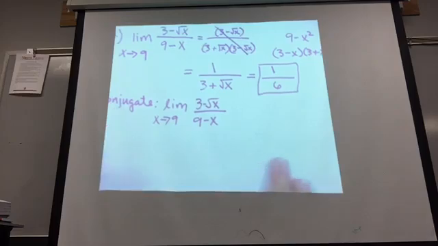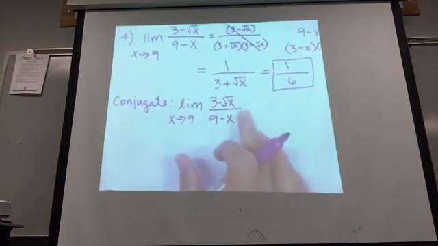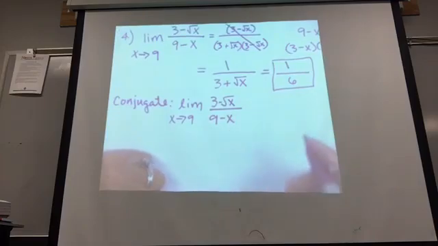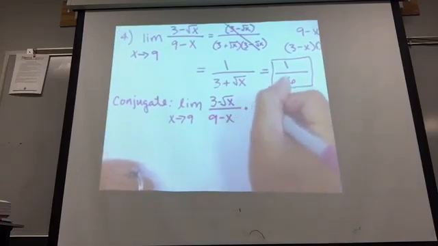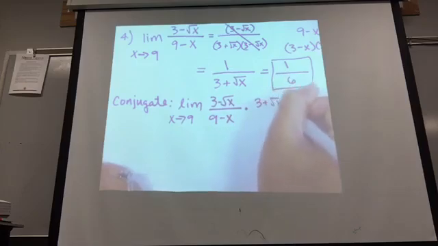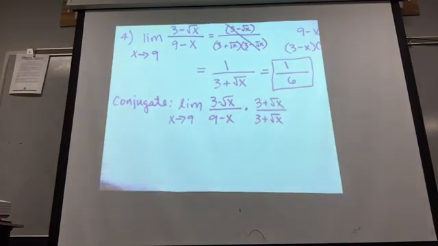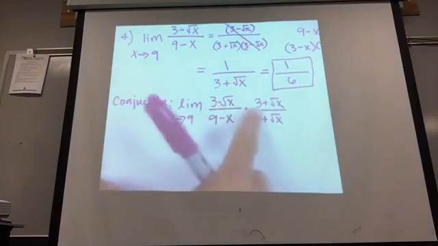And the conjugate would be multiplying top and bottom by 3 plus the square root of x. So again, the conjugate is the method you want to use with the expression that has the radical in it, and you just take that expression and use the opposite sign.